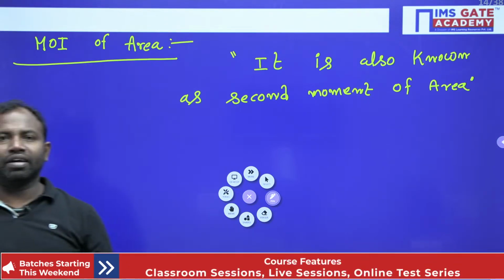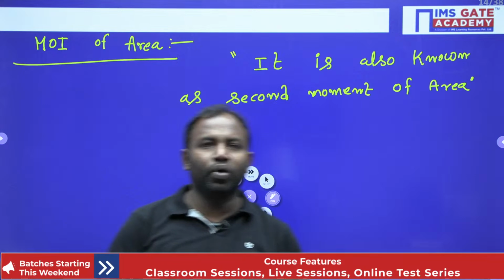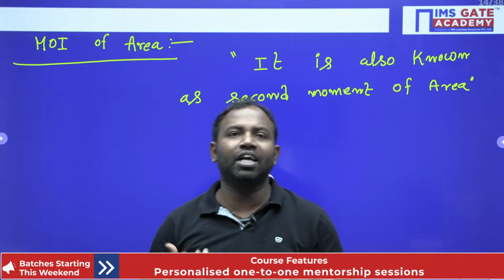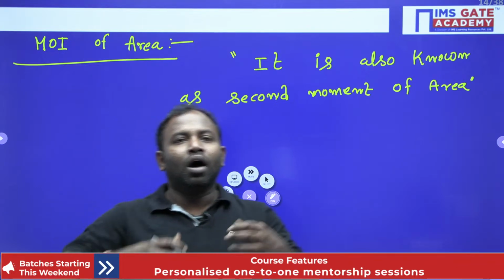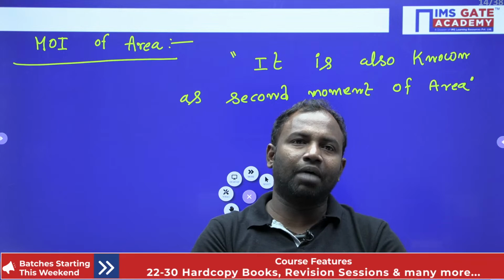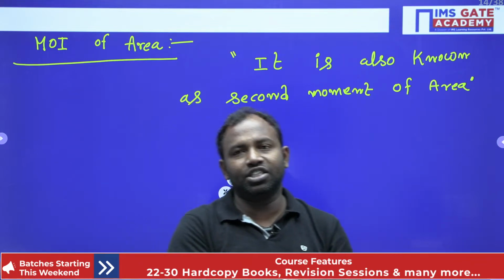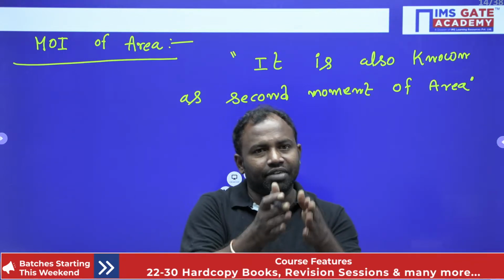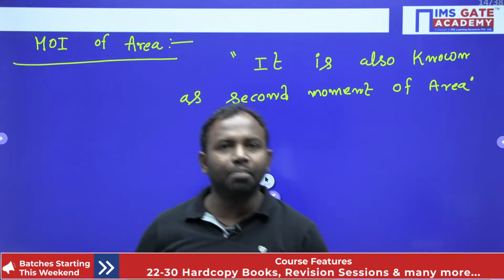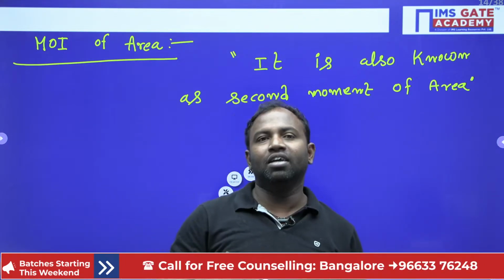Now let me describe what the moment of area is. It is a geometrical property of a body. How the particles are distributed about an axis comes under the moment of inertia of area.